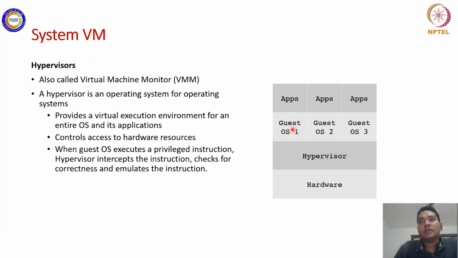These virtual machines will have different OSs, let's say OS 1, 2, and 3. The hypervisor gets booted up initially, and then OS 1 gets booted up, OS 2 gets booted up, OS 3 gets booted up. So the hypervisor is essentially providing the virtual execution environment for the entire OS and its applications, which will be running on top of it.